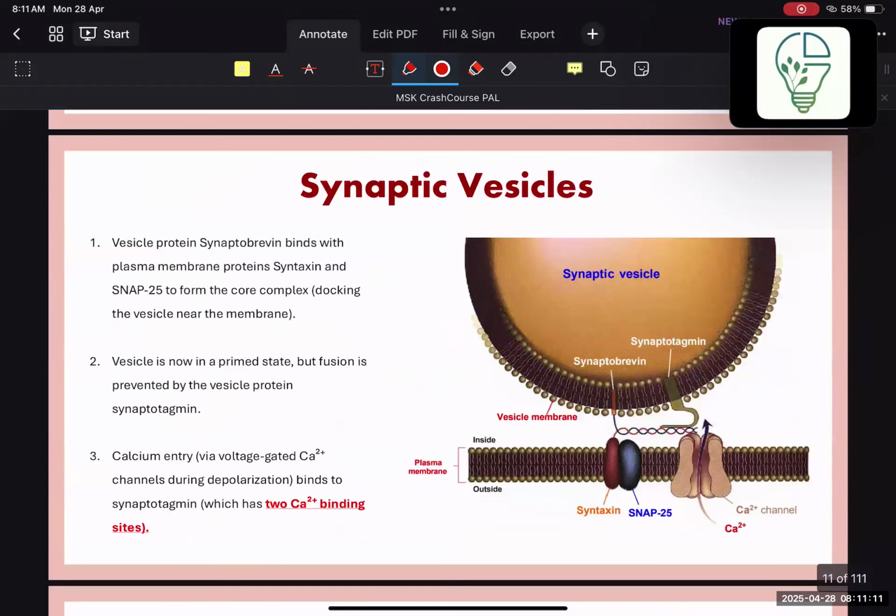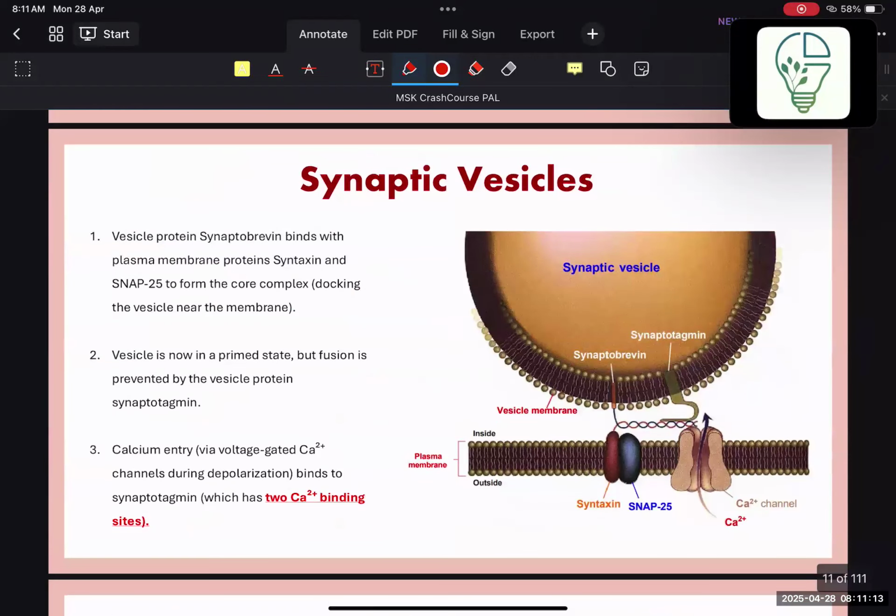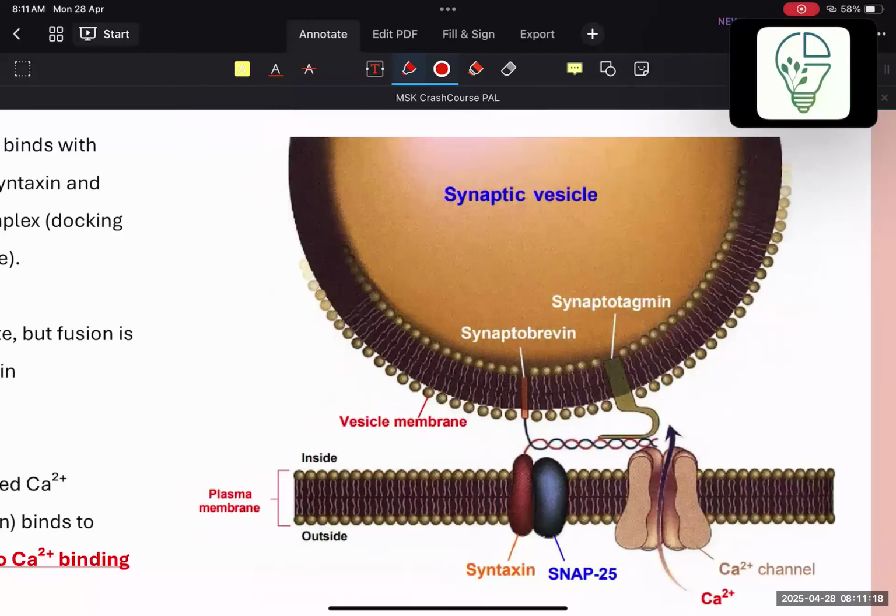Let's move on to exactly how does the calcium cause the vesicles to fuse together. And to understand this, we're going to have to take a look at the molecular composition of the synaptic vesicle and of the plasma membrane. So the synaptic vesicle, on its membrane, has two very important proteins, the synaptobrevin and the synaptotagmin. What the synaptobrevin will do is interact with two proteins found at the level of the plasma membrane.